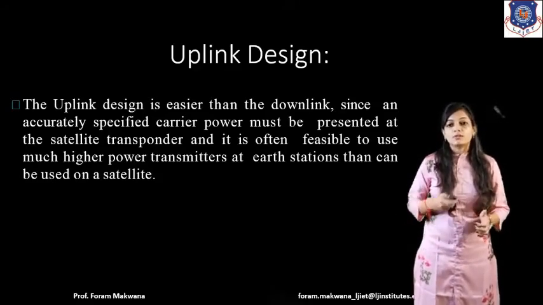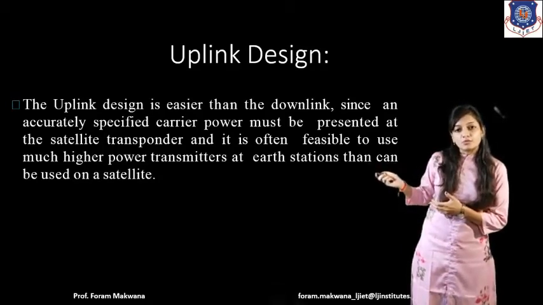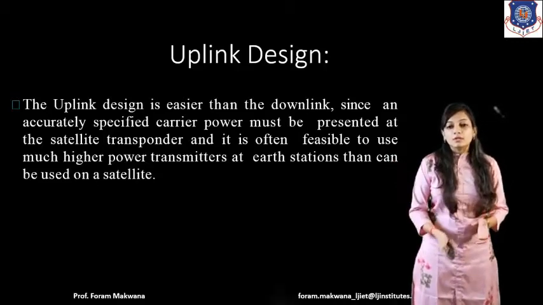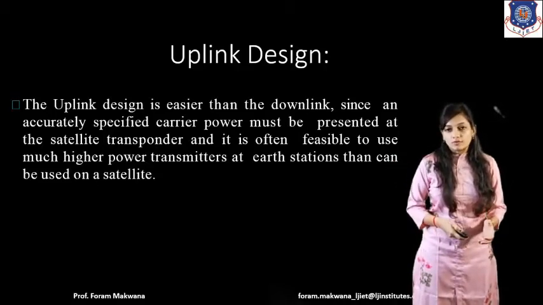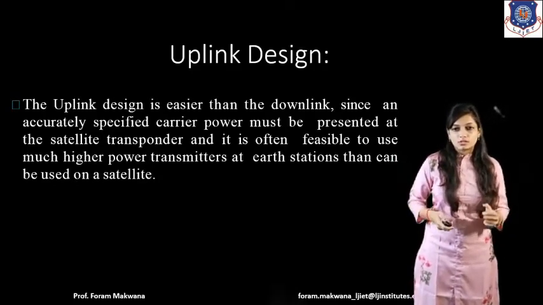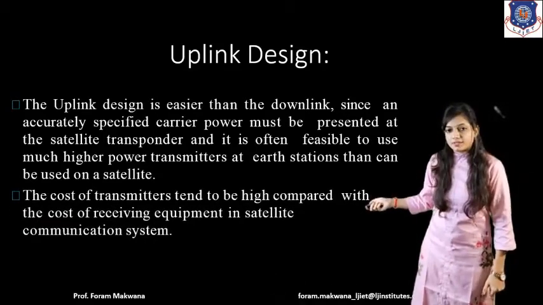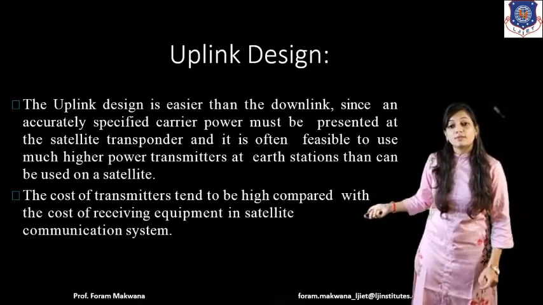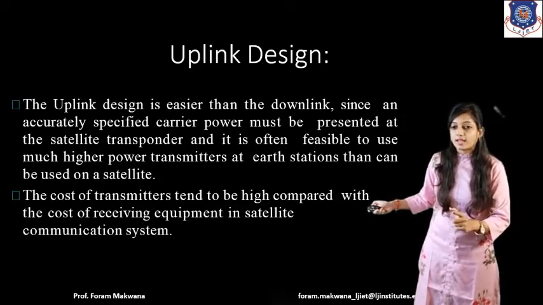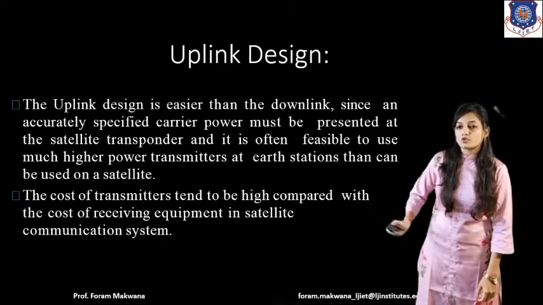We transmit high power with a high power transmitter, which can't be used at the satellite because it would be bulkier and would increase the cost of the satellite. Also, the cost of the transmitter is higher because we use a high gain, high power amplifier, so it ultimately increases the cost of the system compared to the cost of receiving equipment.